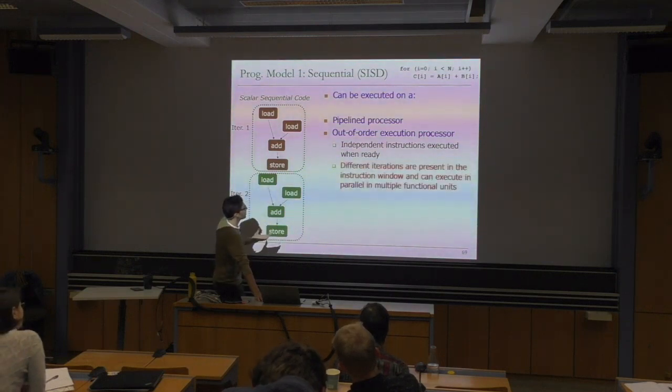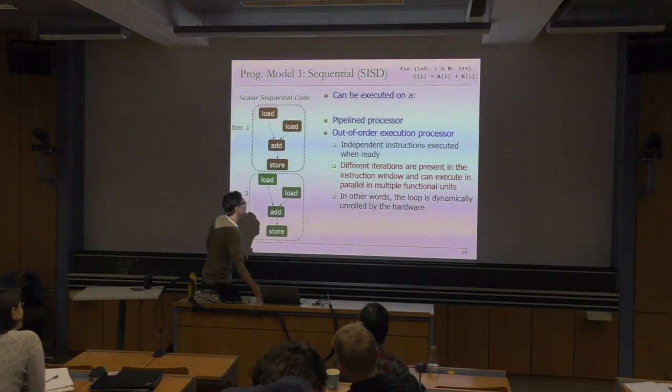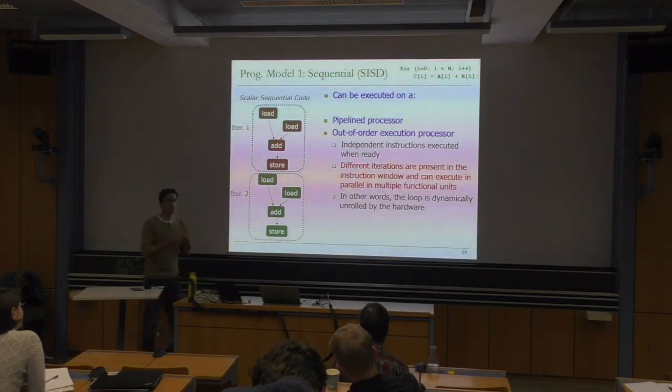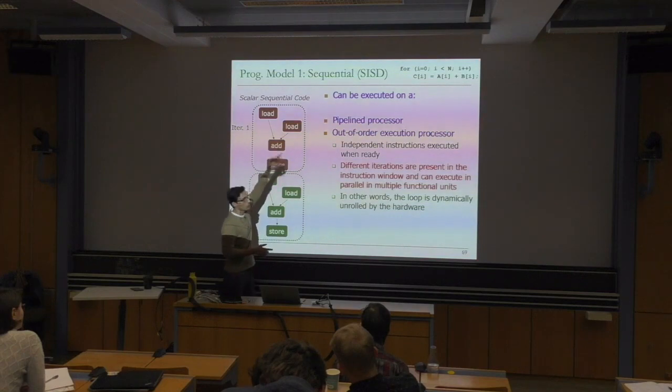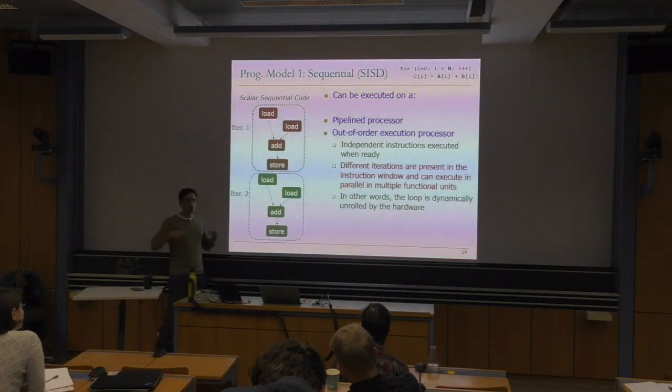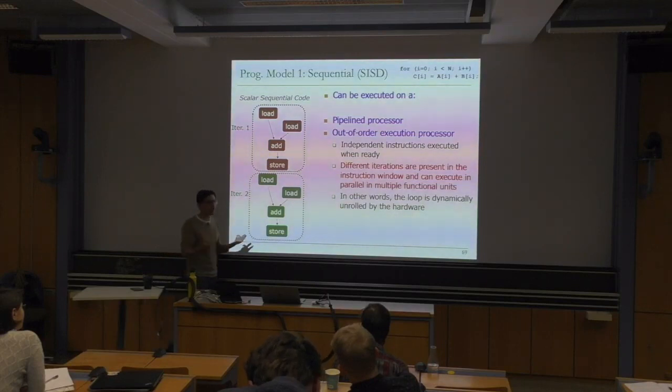So to some extent, what the out-of-order processor is doing is kind of loop unrolling. The out-of-order processor, for example, could see that this load is completely independent of those two loads, right? So it could issue these instructions at the same time or almost at the same time.